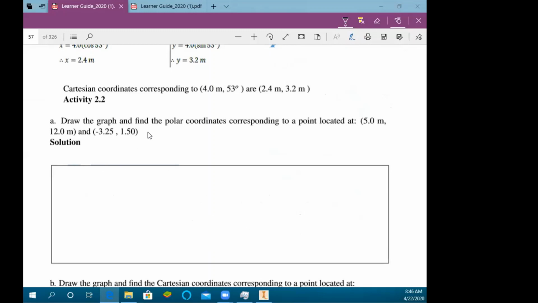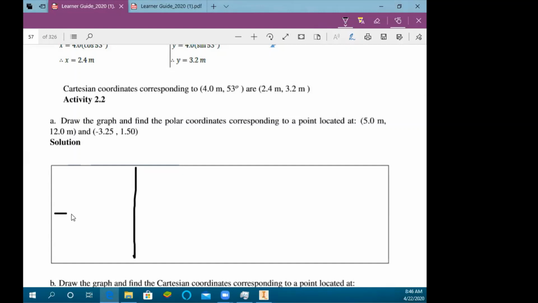So they say draw the graph and find the polar coordinates corresponding to a point located at these coordinates. So draw the graph, let's draw that graph here.